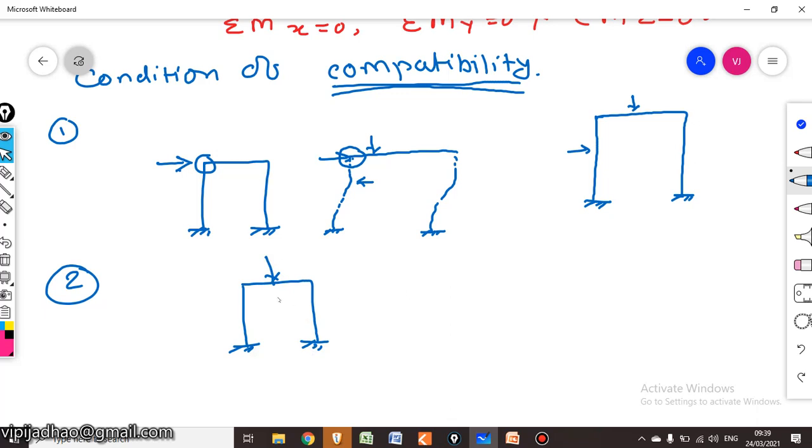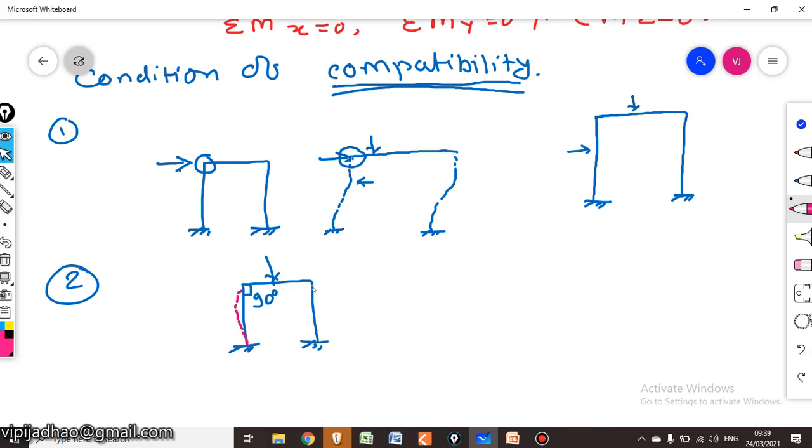This particular angle is now 90 degrees. After application of this load, there may be some deflection in this beam, which may be something like this.